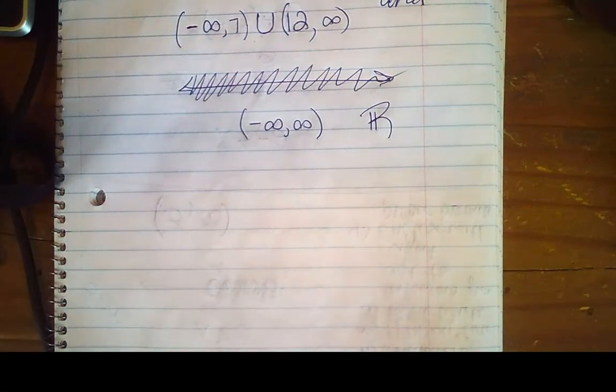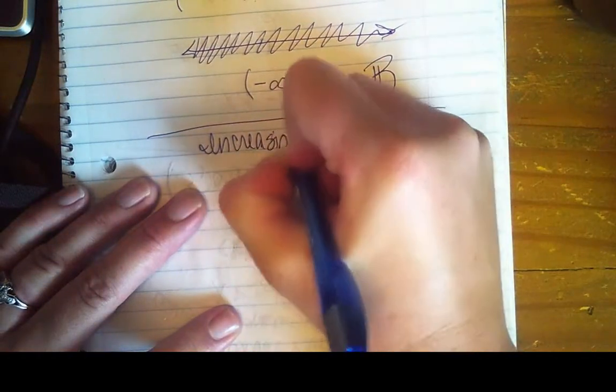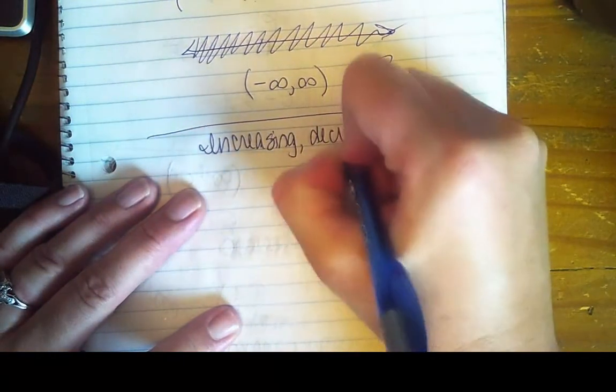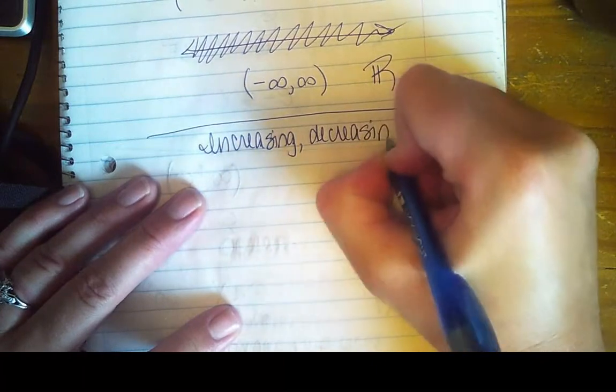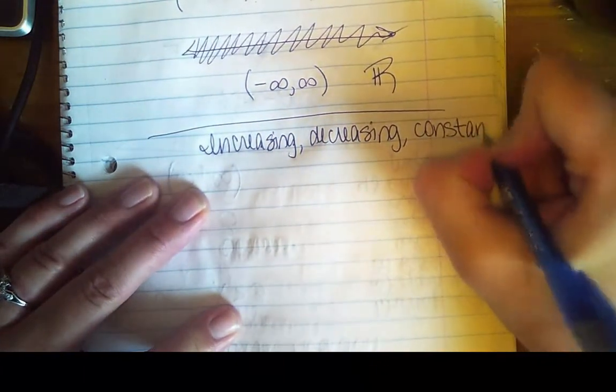So the next thing that we want to do is start figuring out why we're doing what we're doing. So why did I just show you all of this interval notation? I want to talk about increasing. I want to talk about decreasing. And we want to talk about constant. Okay, so the easiest way for me to think of this is to explain airplanes.